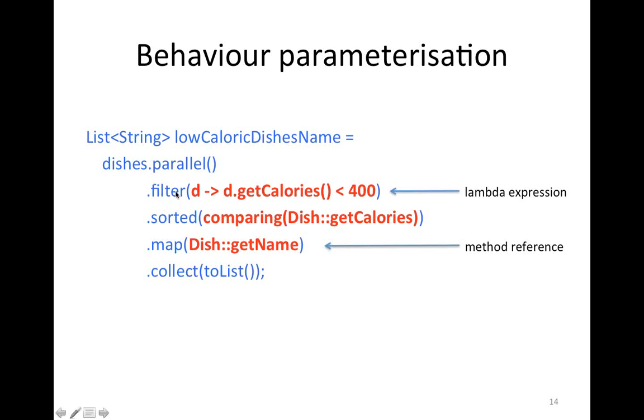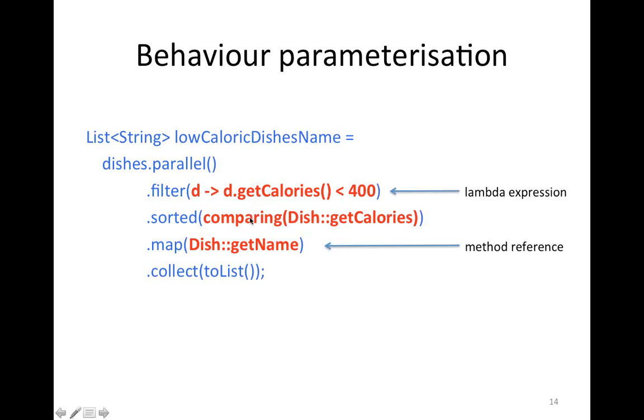We've got a filter method that says, I'd like to filter dishes that have calories lower than 400. So we're parameterizing the behavior of filter with this little piece of code that is passed as argument. By the way, this is a Lambda expression, and we'll talk about it later. This is the first use of a Lambda expression in the webinar. The next method is sorted, which says, I'd like to sort based on the calories of the dish.